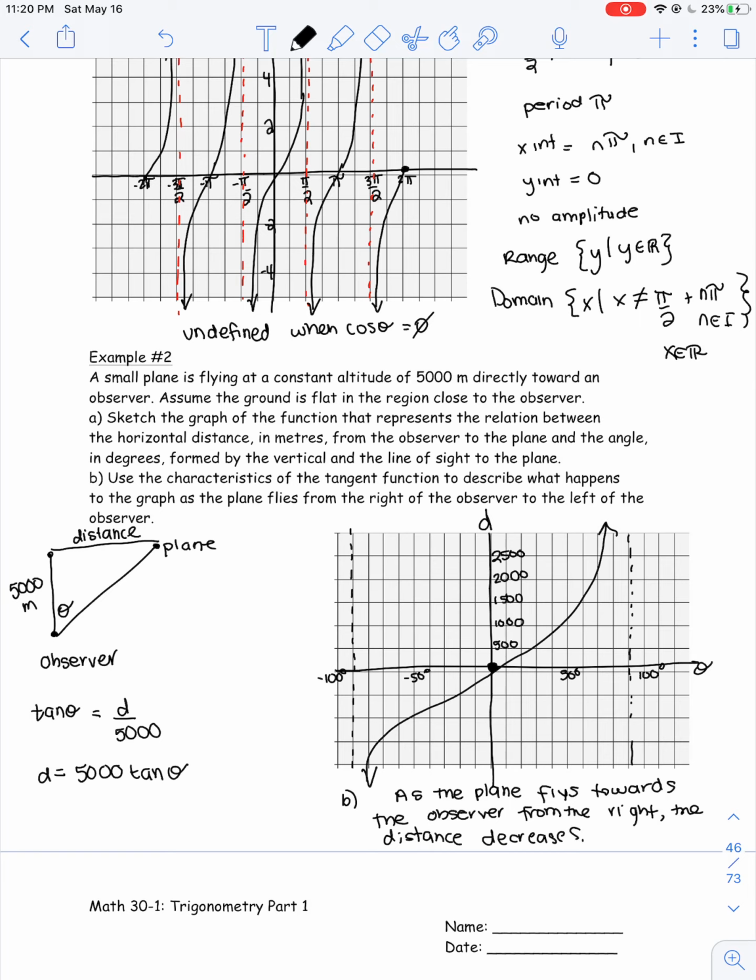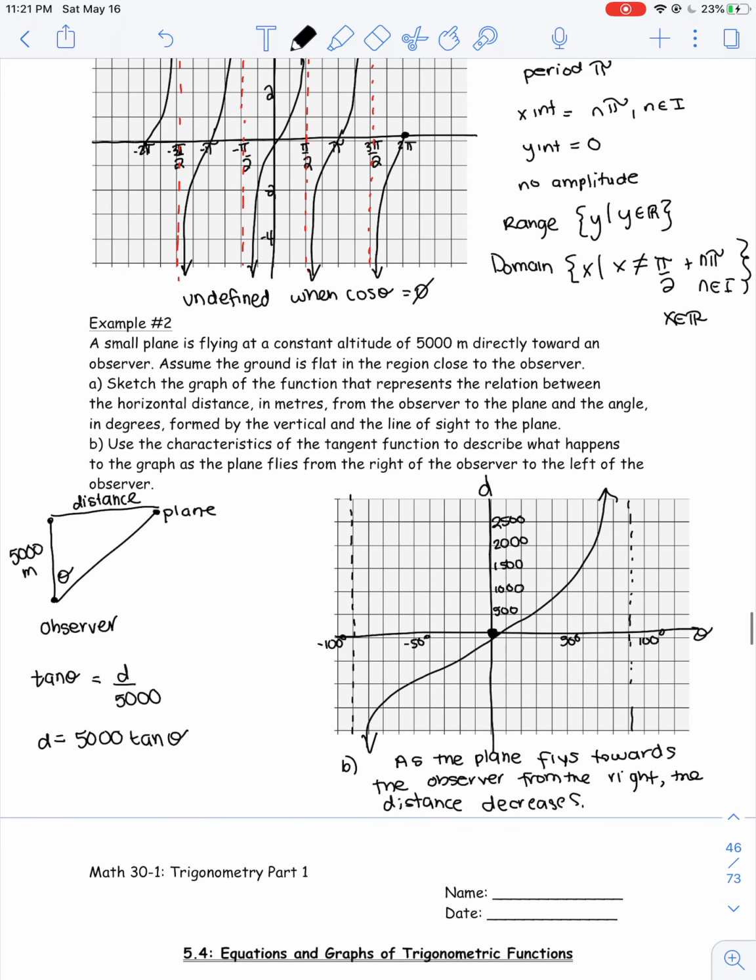Okay, so that's all they wanted us to do for question number 2, is just sketch what this looks like and just see what we see when it comes to the graph. Okay, so it's just decreasing as it comes from the right.